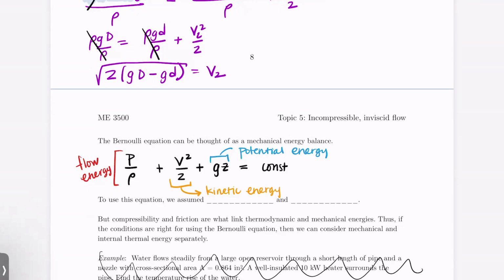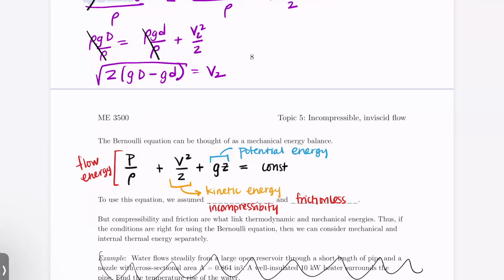So we assumed to get this equation that we're using an incompressible flow. So we assumed incompressibility and frictionless, right? But those 2 things are actually what link thermodynamic and mechanical energies.